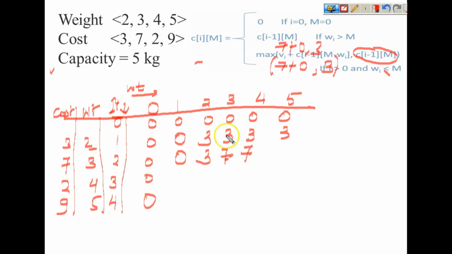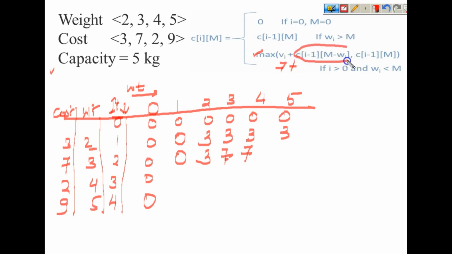Okay, now we'll check for this again. Here you can look, the capacity of the knapsack is 5 and the item weight is 3, so we are in this particular case. We will find out the value of item number 2, which is 7, plus, now what does it mean?